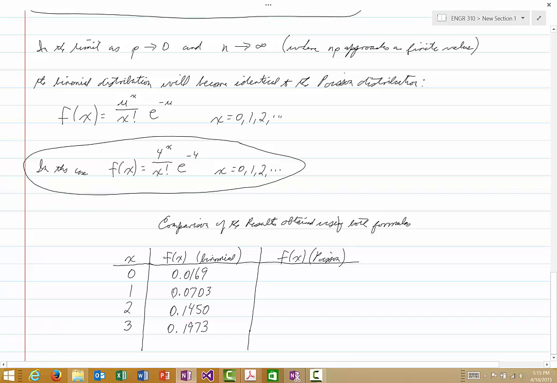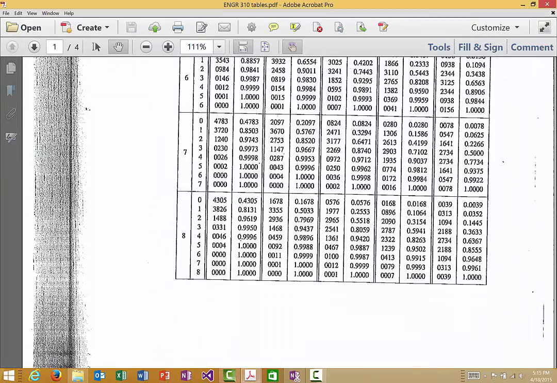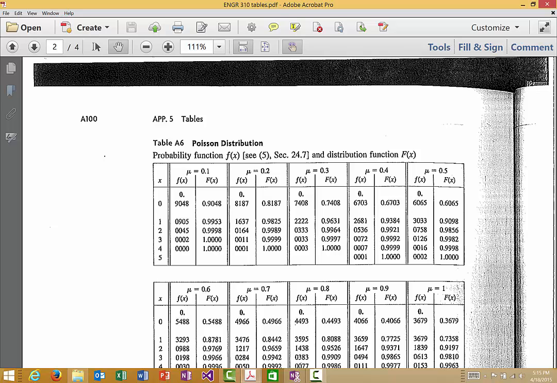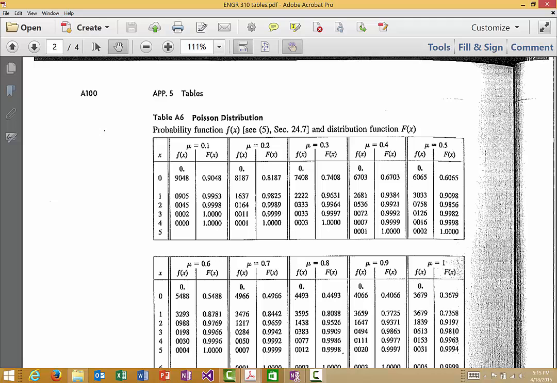Now, for the Poisson distribution, the situation is a little different. Here's the formula, and actually this is quite an easy formula to evaluate using the calculator anyway. But in this case, we can use the table, and it is important for you to understand how to use the table. So let's go back to the table, and here is the Poisson table. It's table A6. Now, let's first think about mu.